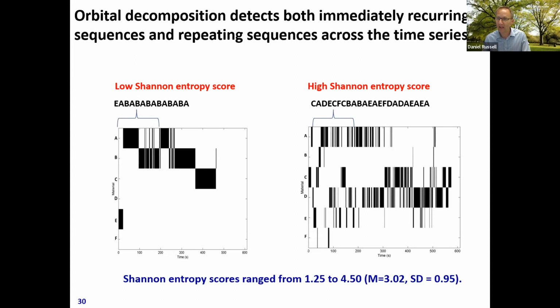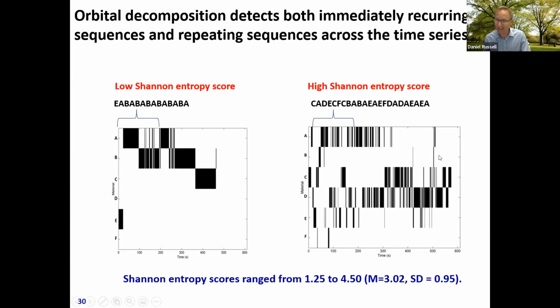And on the right-hand side, you see somebody doing something very different. This person is achieving a high Shannon entropy score with the sequence. And one of the things to particularly note is that this person also took notes. Okay. We can start to see differences between those.